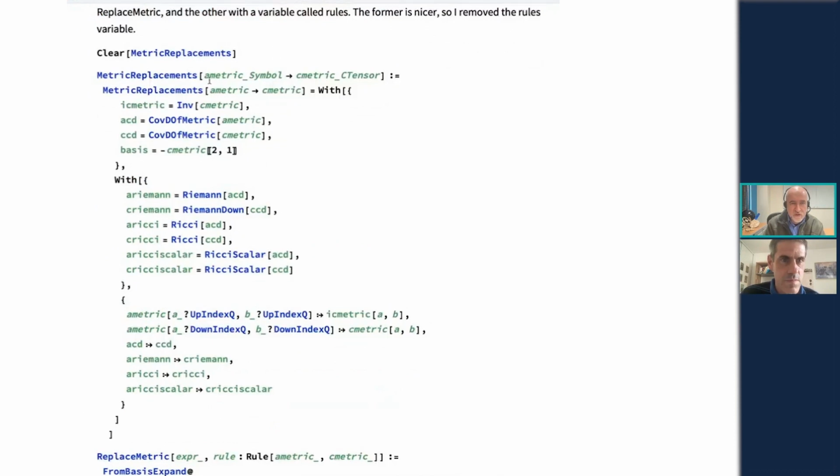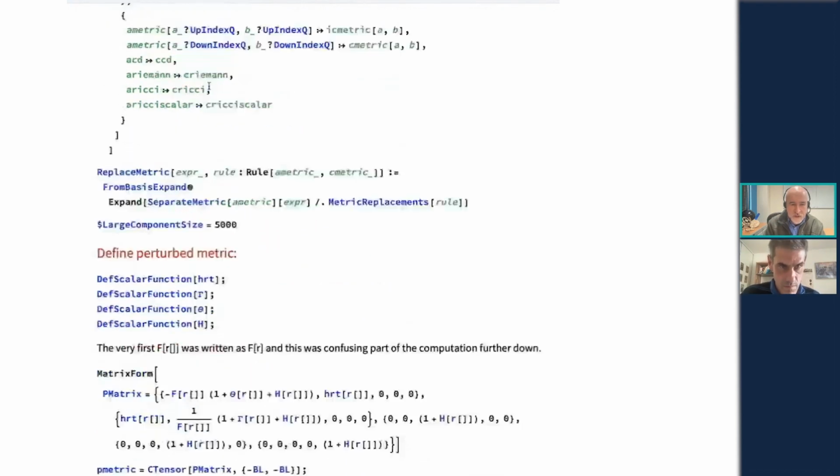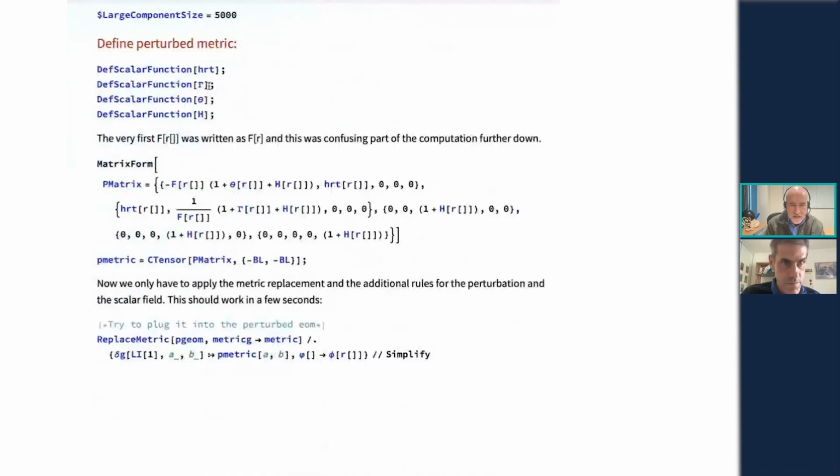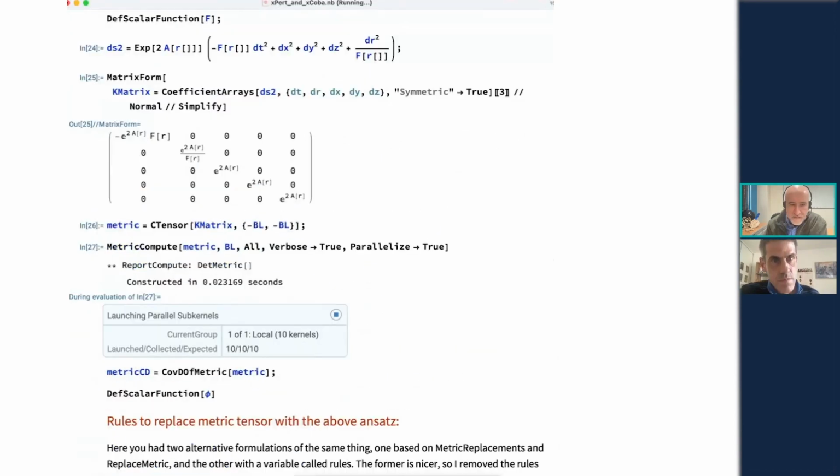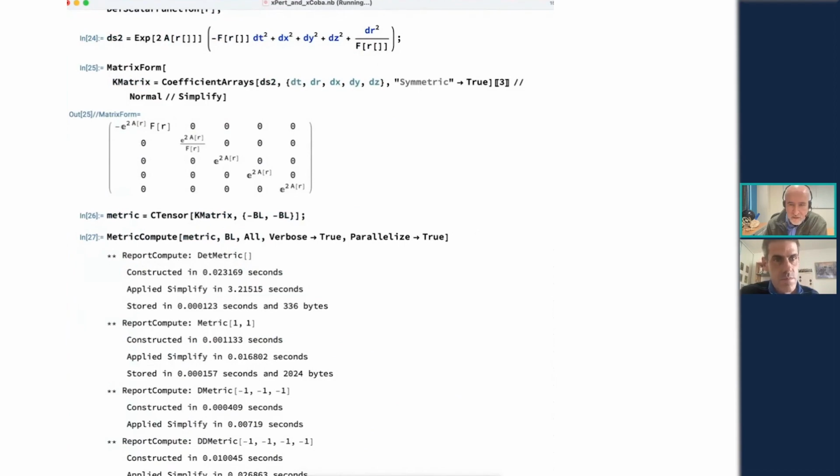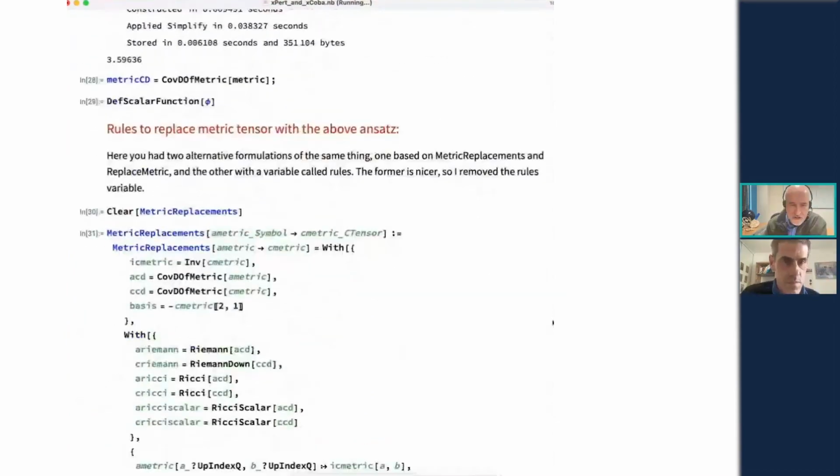So this code contains this function, which takes a symbolic matrix defined with DefMetric, and then a CMetric, which is a CTensor object. And this function is the one that will be able to get, so this is computing everything about the metric or curvature tensors.